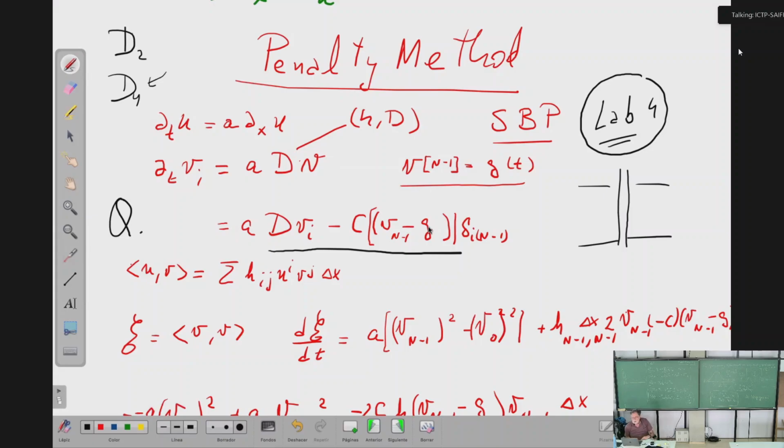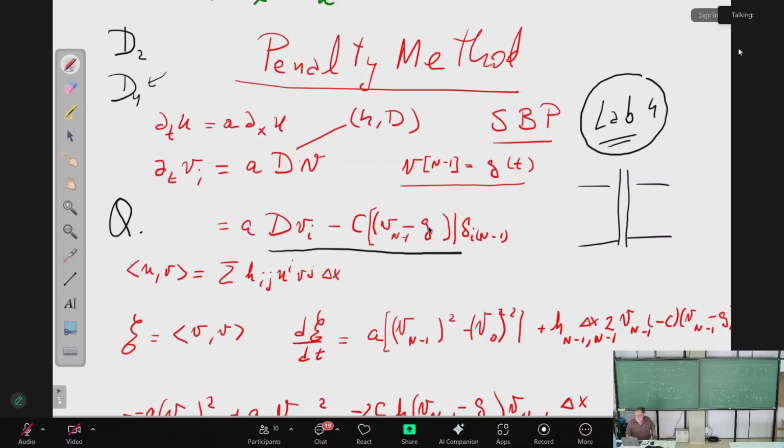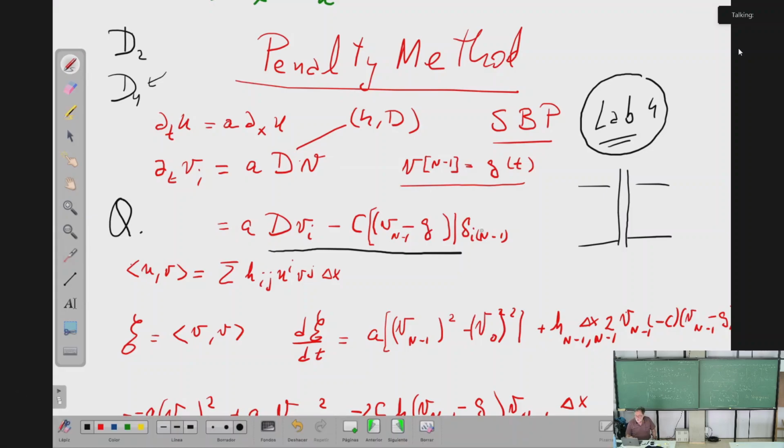Virginia asks, will it always be the same metric? Does that depend on how you design the problem? You mean the metric, this H in the H_ij?